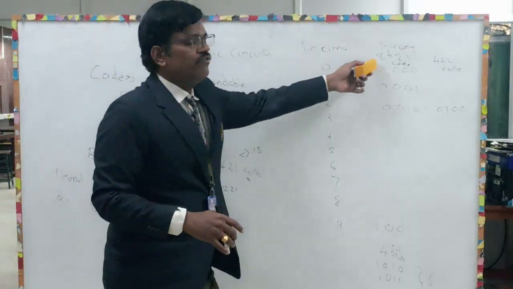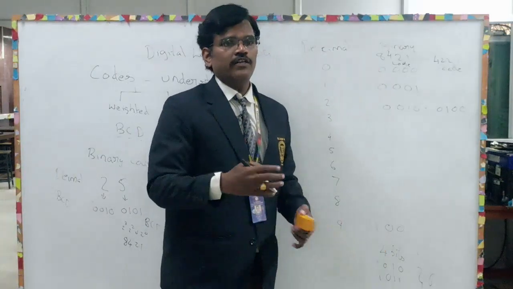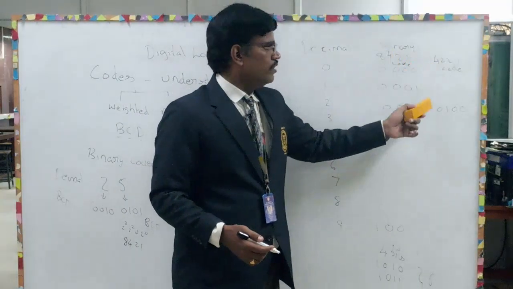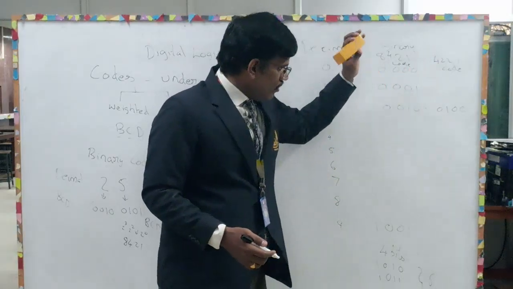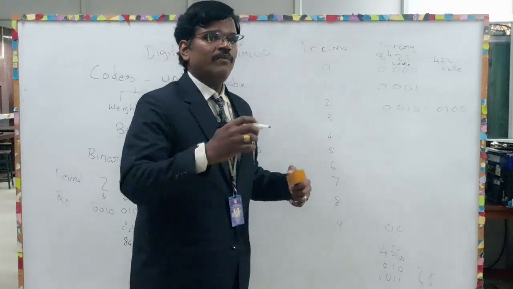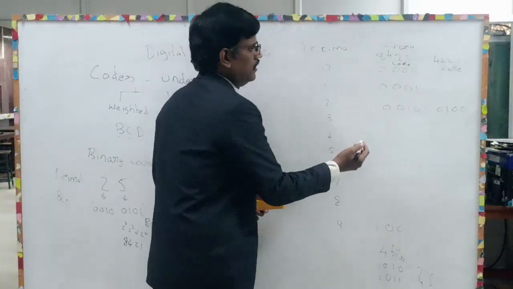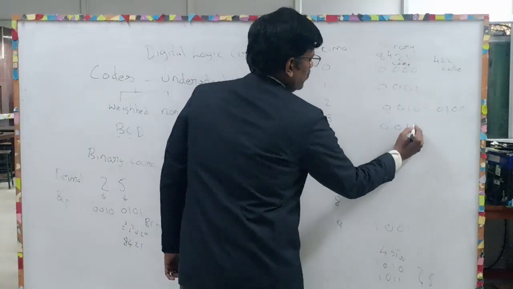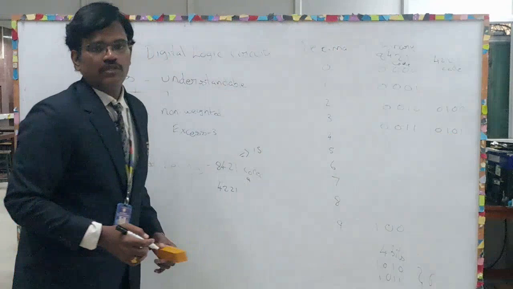In the 8421 code, 6 combinations are not used, so we cannot work on them. Whereas, in the 4221 code, we have the combinations to be used. So, multiple representations are available. This is going to have 2 representations, and similarly for 3 we can have this combination, or we can have this combination. Both are 3.